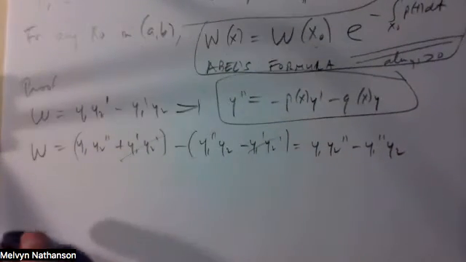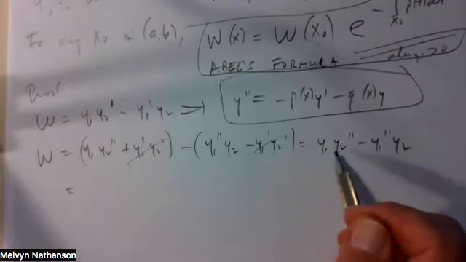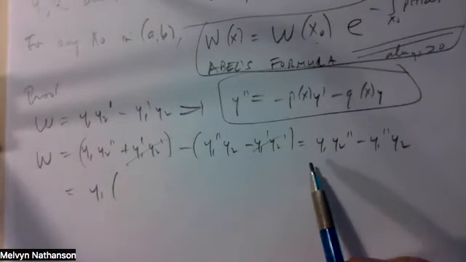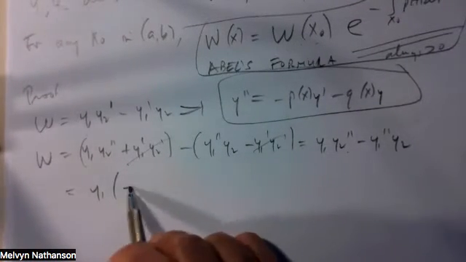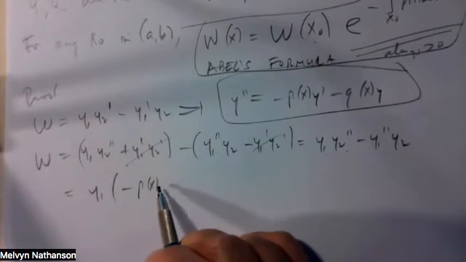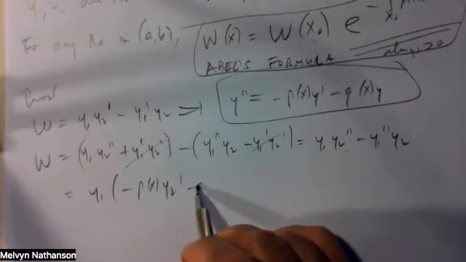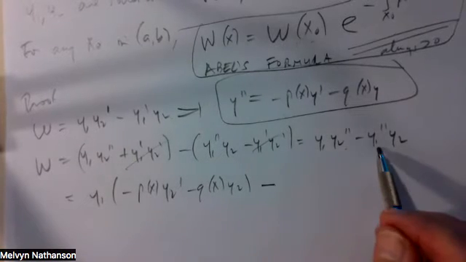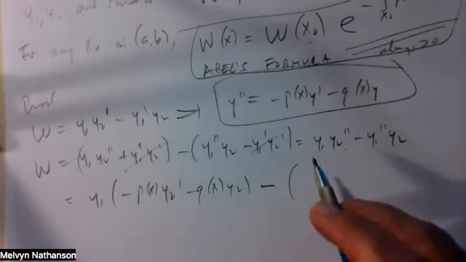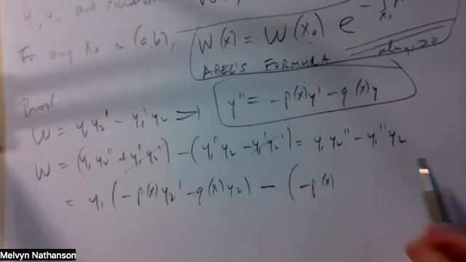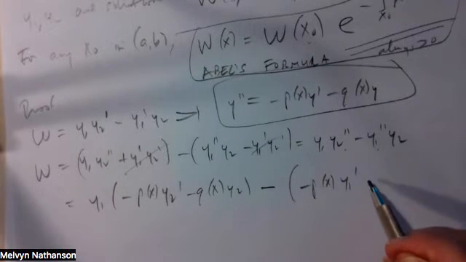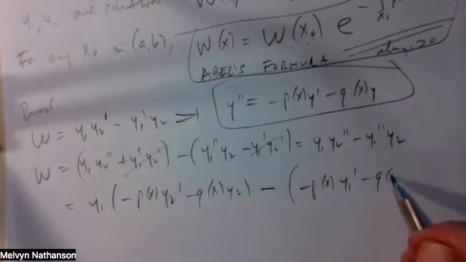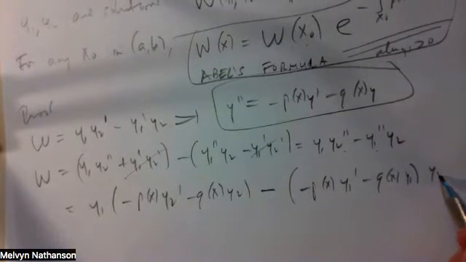And y1 and y2 are solutions. So y2 double prime will be minus p of x y2 prime minus q of x y2, times y1, minus y1 double prime, which will be minus p of x y1 prime minus q of x y1, times y2.